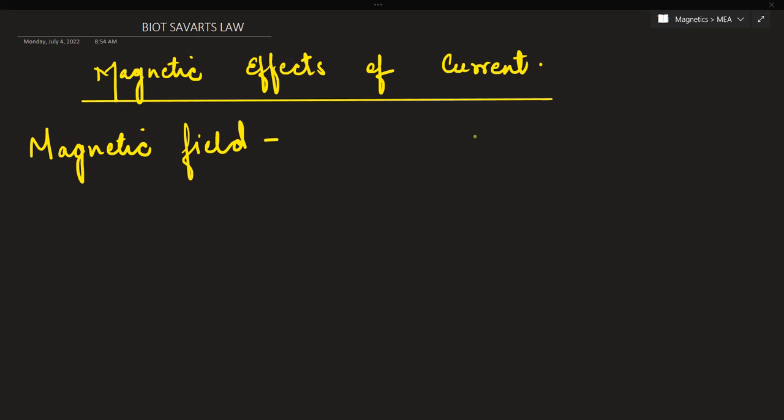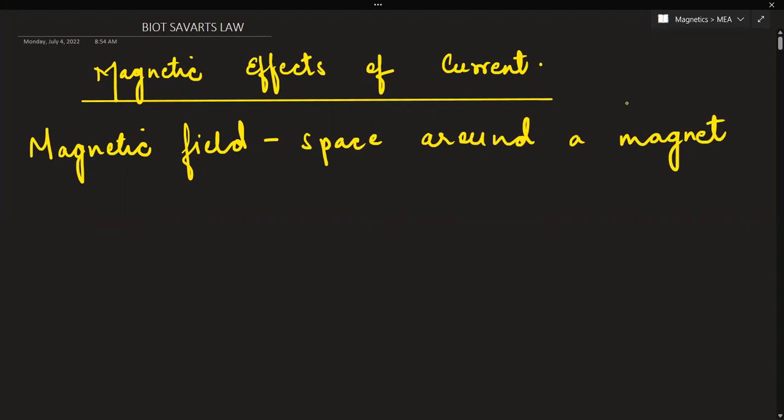So electric field was what? That was the space around the charge. Magnetic field will be the space around the magnet. All the concepts of charge, like for positive charges and negative charges, we have these two names, positive and negative. Here we'll be using North Pole and South Pole, though North Pole and South Pole are not charges. We are just relating it to whatever you have studied in electrostatics.